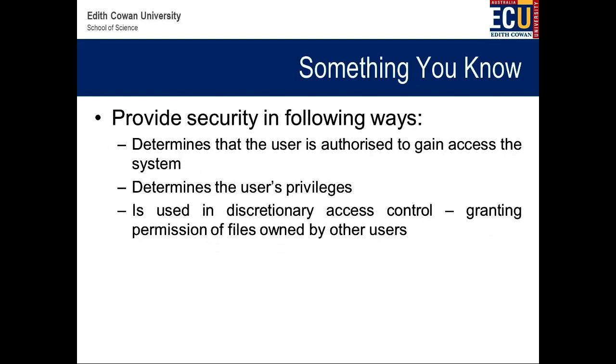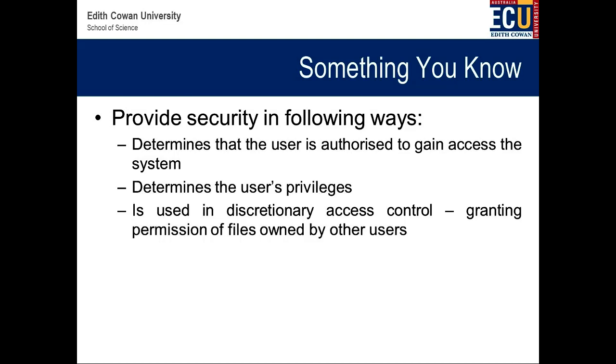Something you know, or password-based authentication, provides security in the following ways. It determines that the user is authorized to gain access to the system. It also determines the user privileges, what you are allowed to do and what you are not allowed to do. And it is also used in discretionary access control.